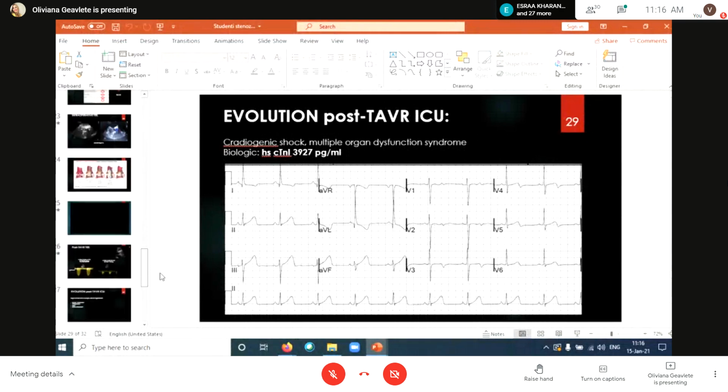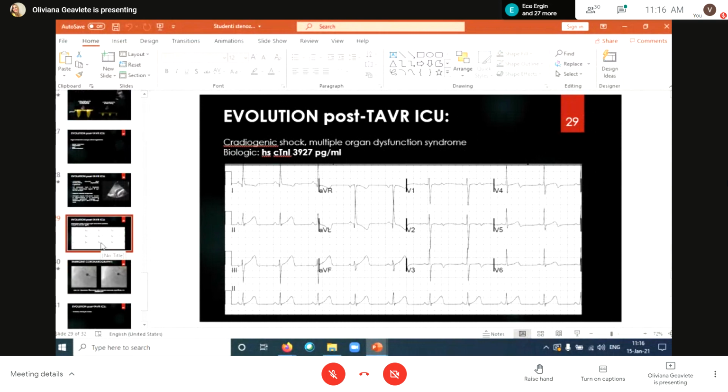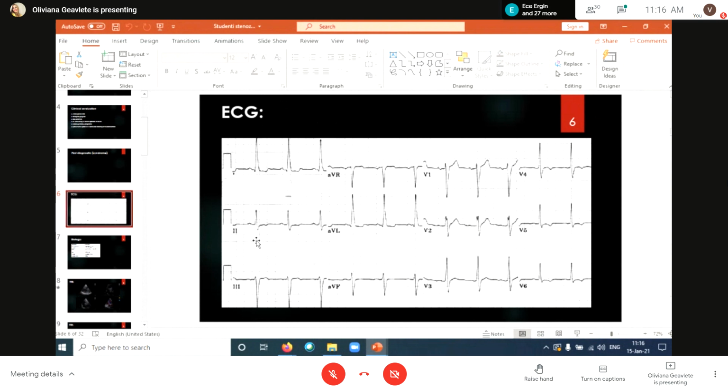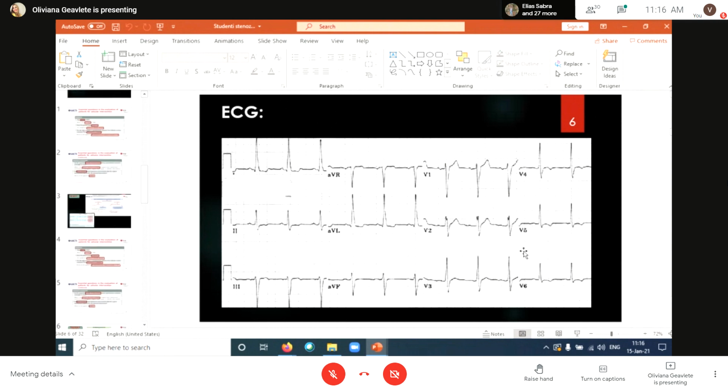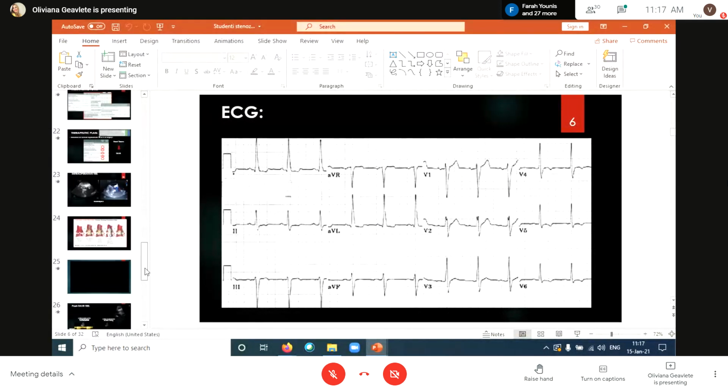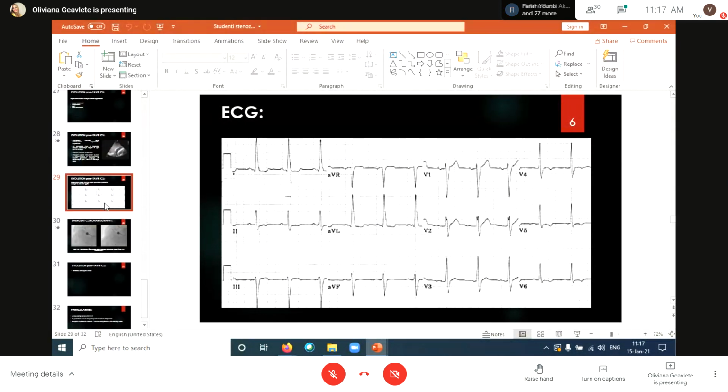Yeah, I think the ST segments were different. Also, in AVL, I think. Let's see here. So D2, D3, and AVF here. Just look. And look in V4, 5, 6. And let's see if something is different here.